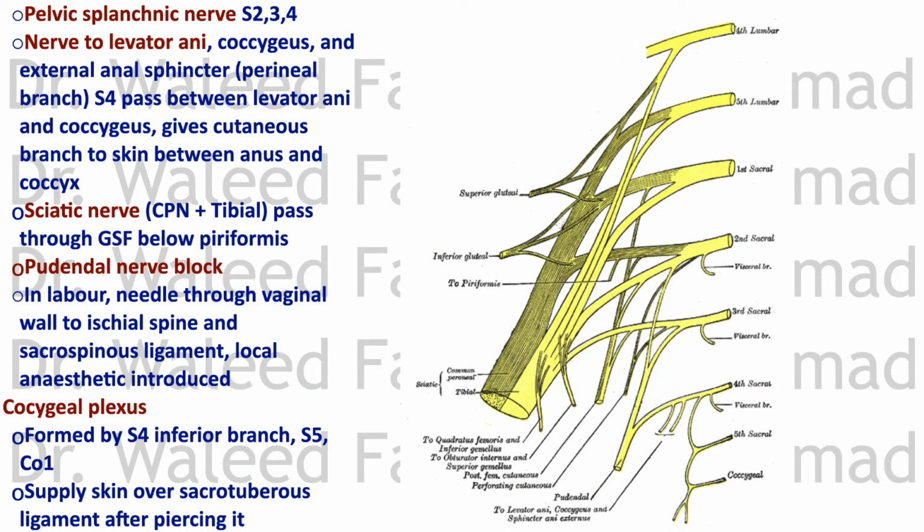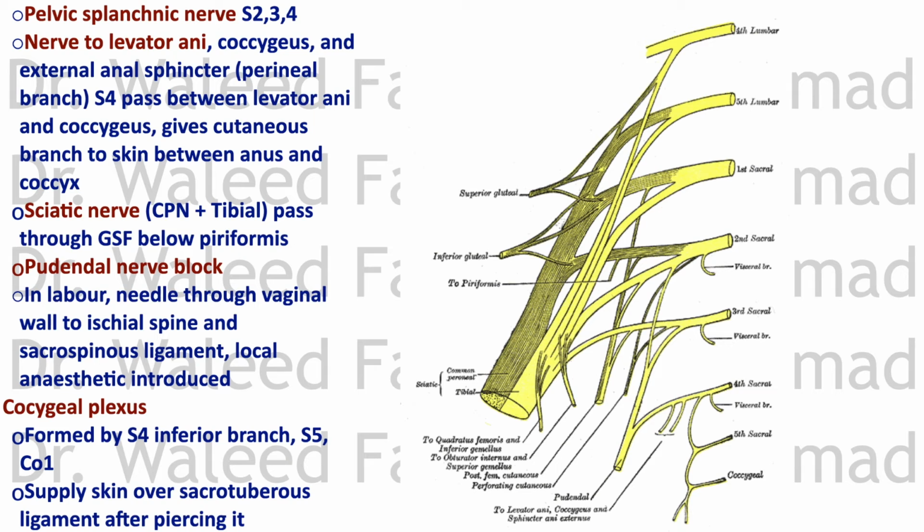The pelvic splanchnic nerves, S2, 3, and 4, are the parasympathetic outflow, arising from the lateral horns of the sacral segments of the spinal cord. We mentioned this before.